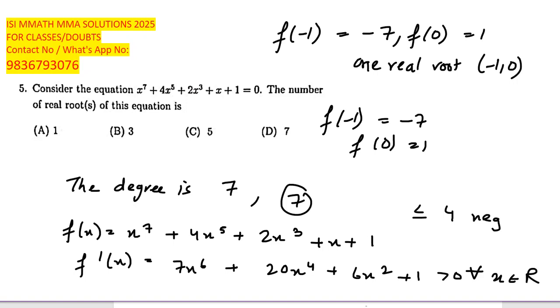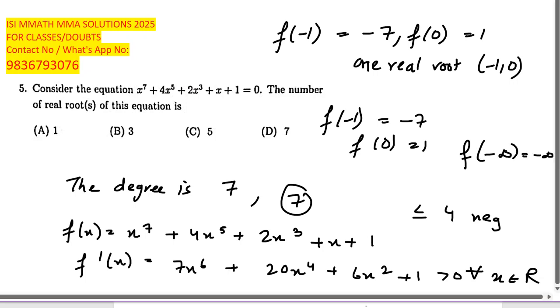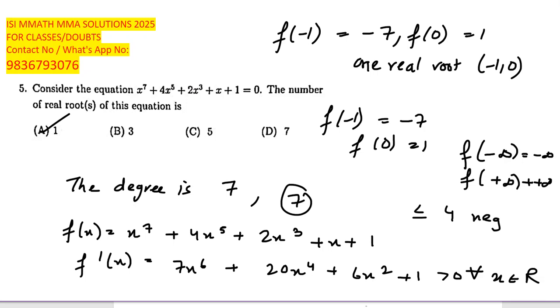Every term is positive for any x not equal to 0, so f(x) is strictly increasing. It must have exactly one real root belonging to minus 1 and 0. So your correct option is option 1.